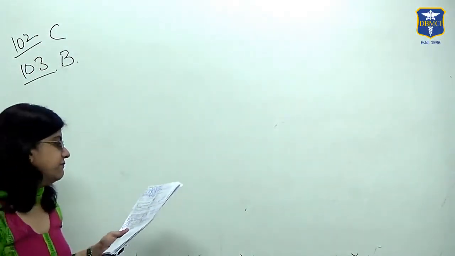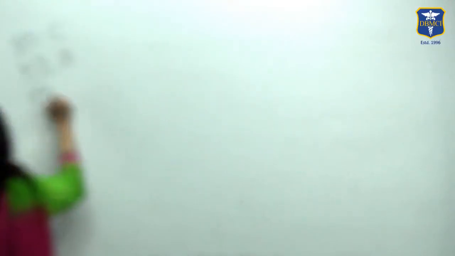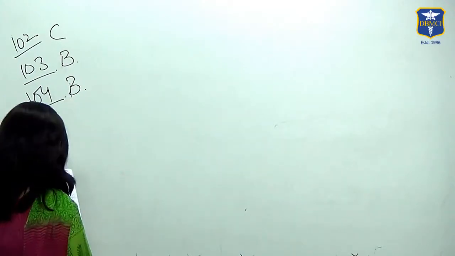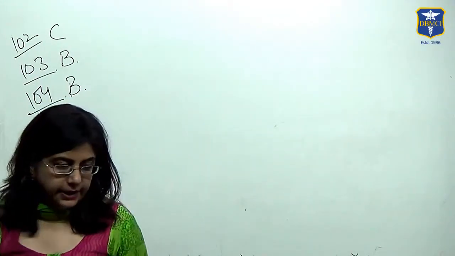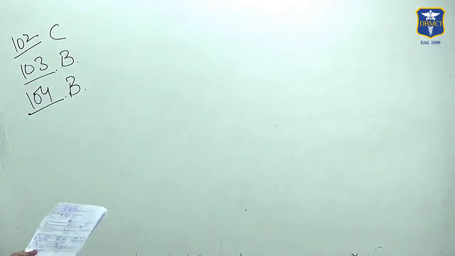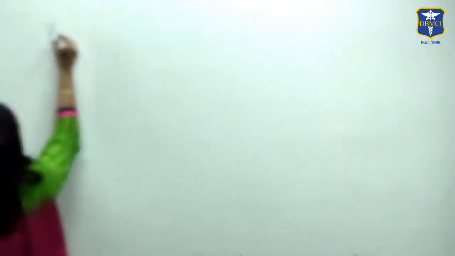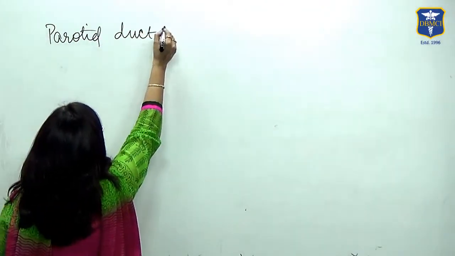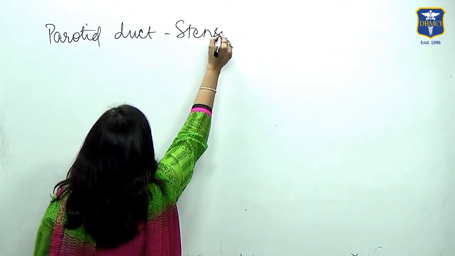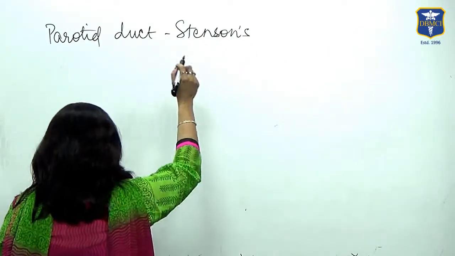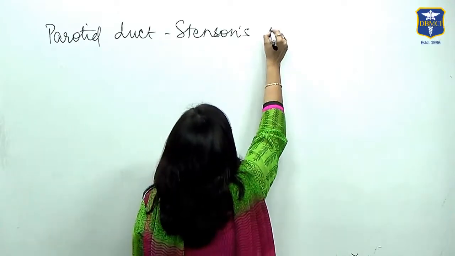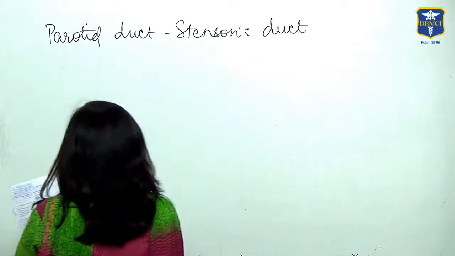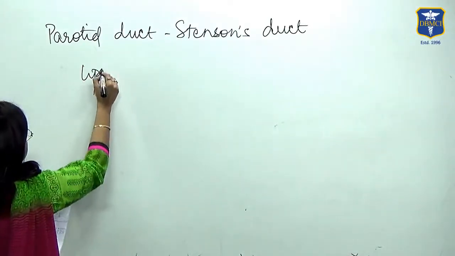Coming to question 104, the answer is B. The parotid duct is also called Stenson's duct. And it opens in the mouth opposite the upper second molar tooth.